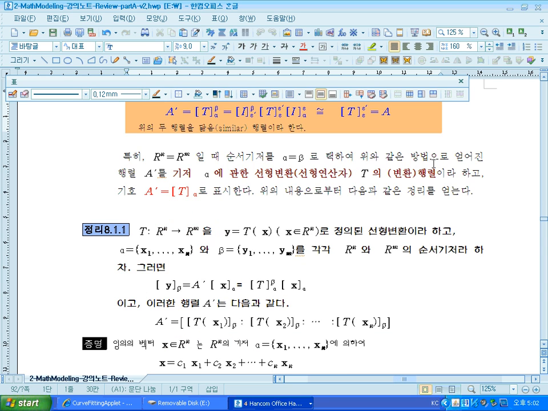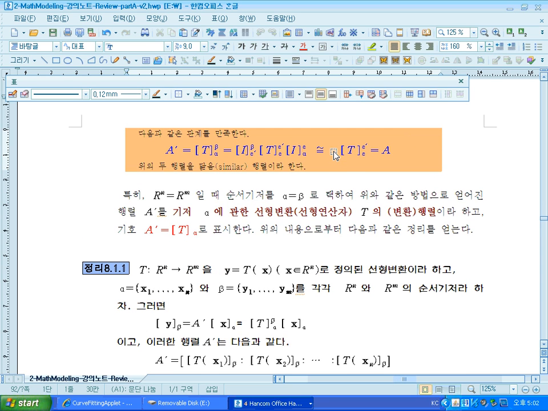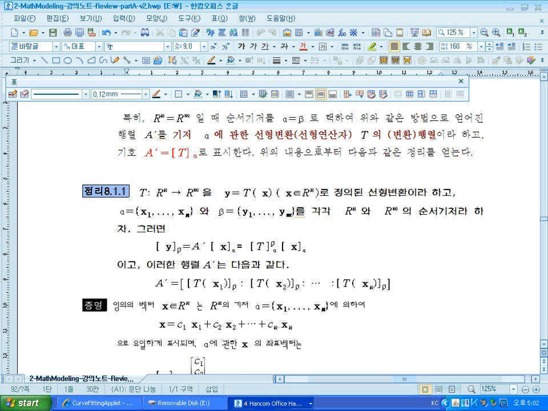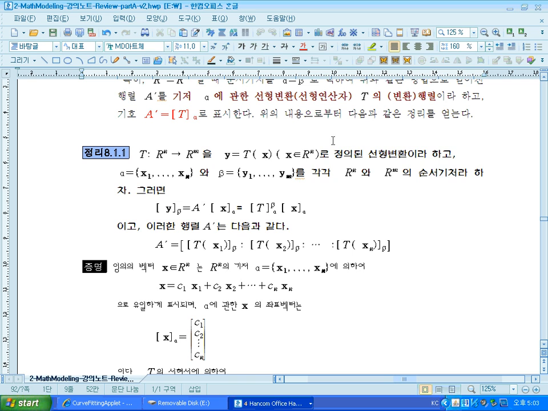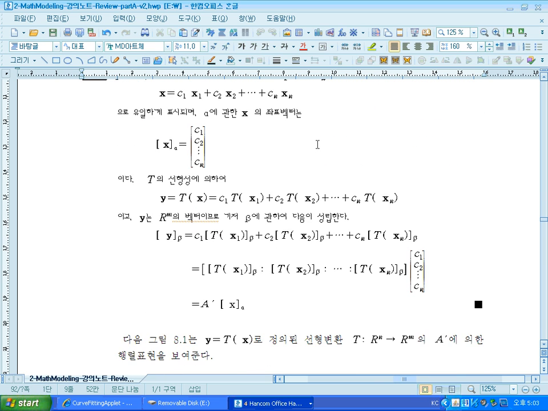So these matrices do not look the same, but they belong to a very close class of matrices, which is called similarity. Okay. So you should know how to find it.